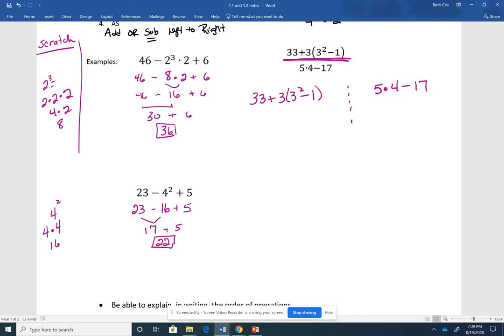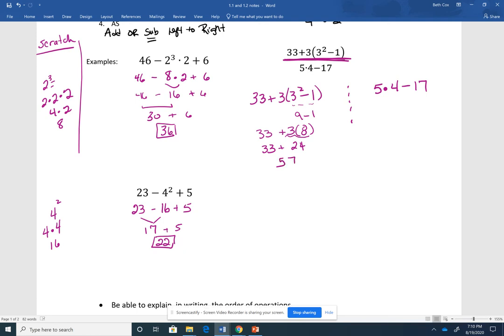So here we go. Parentheses first. Inside the parentheses, I've got an exponent, so I'm going to do 9 minus 1, which is 8. I did that first, and let's copy down what I didn't do. Remember this right here, that's multiplication. 3 times 8 is 24. And then 33 plus 24 is 57.